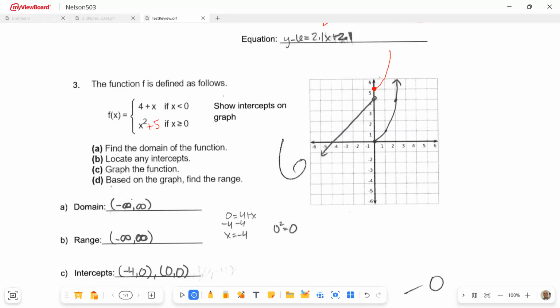And the parabola would be doing that, right? Now the range would be something like less than 4, right? Y is less than 4, union, oh geez, that's a terrible union. What happened to that? Union, and then it would be y greater than or equal to 5.